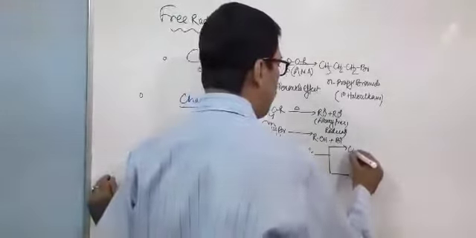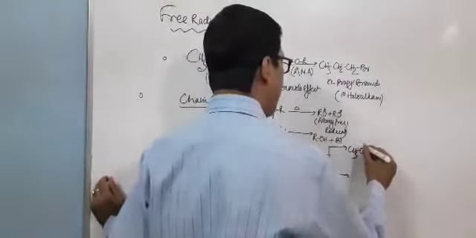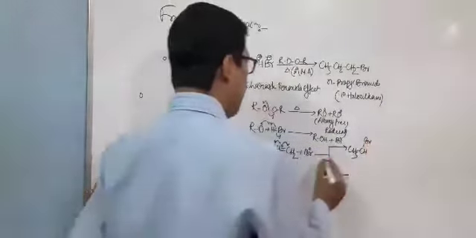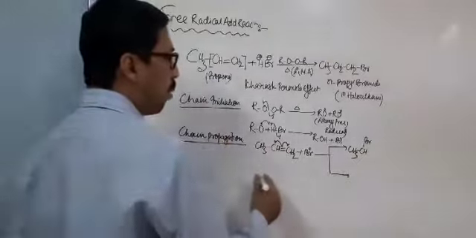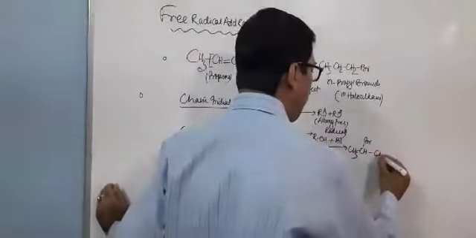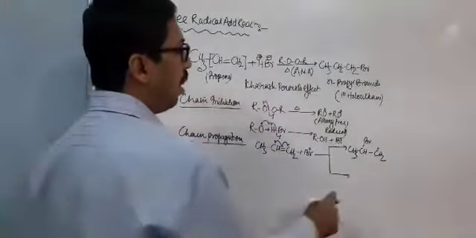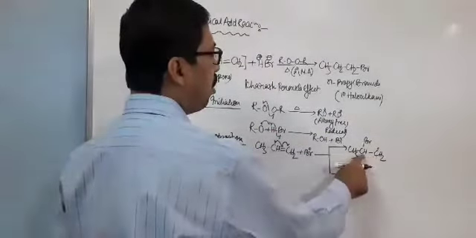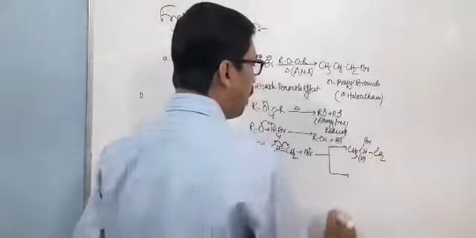Then what will happen? If we attach the Br radical on the left side of the double bonded carbon atom, we get CH3 CH Br with a free radical, and this free radical carbon has one adjacent carbon, so it is 1 degree.